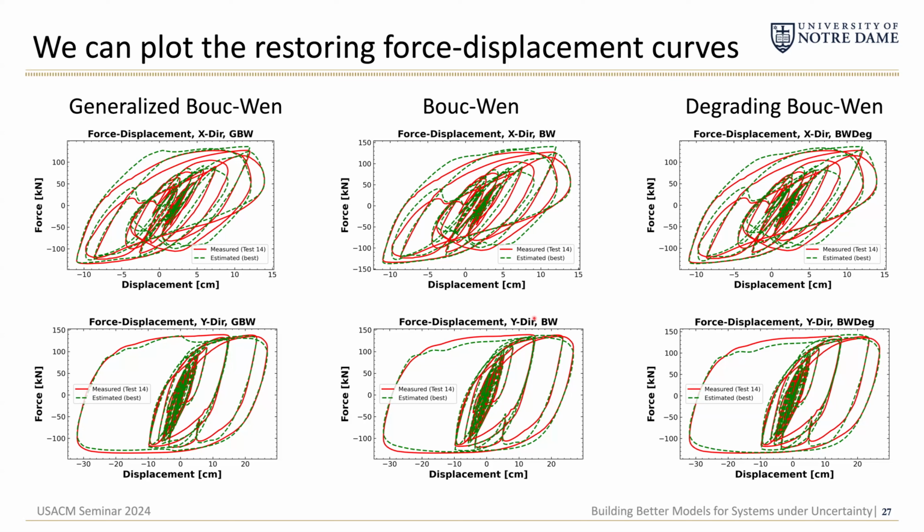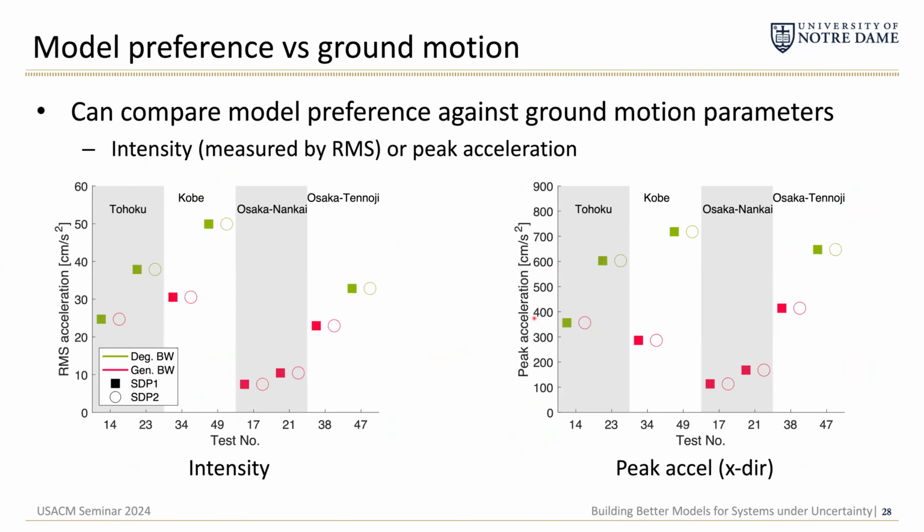He is currently trying to look into how we can better quantify the impact or effect of those asymmetry parameters inside the generalized Bouc-Wen to help us explain or understand why it might be a better model choice or a better model selection for this given test. And so he's currently looking at those parameter sensitivities as they relate to these tests right now. So I don't have a great insight yet, other than to say that we're continuing to look into this, but we certainly found this to be an interesting observation.